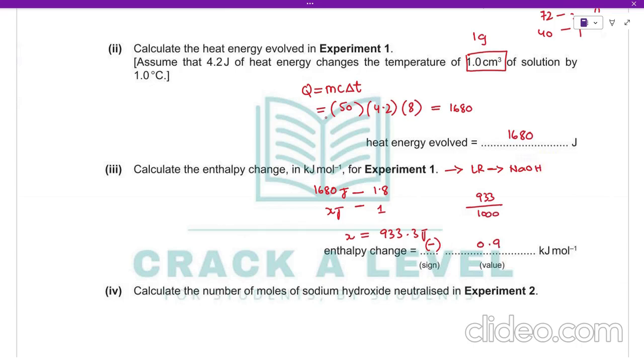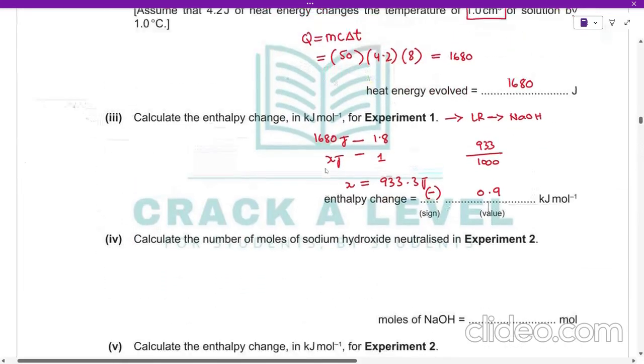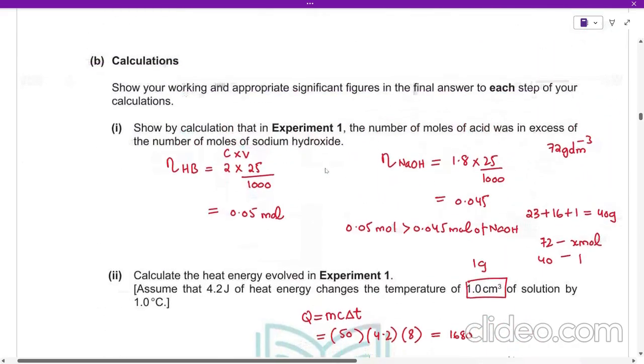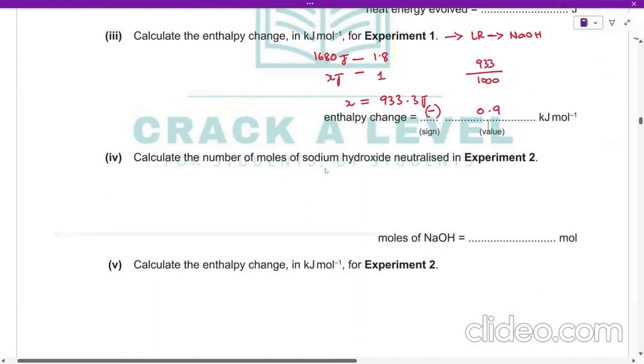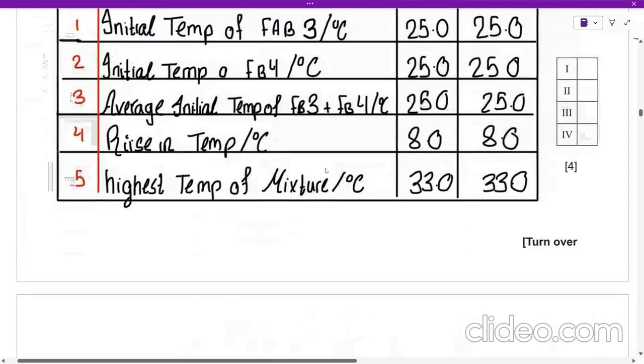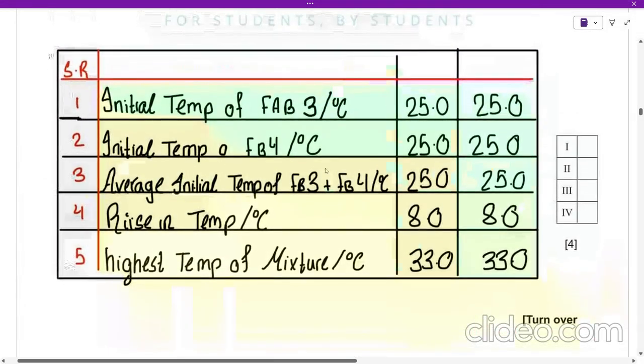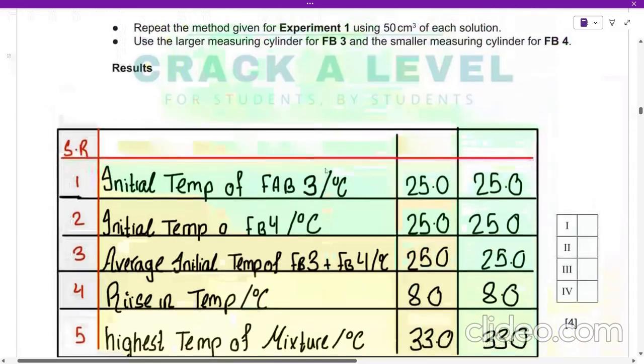Then calculate the number of moles of sodium hydroxide neutralized. Neutralized means reacted in experiment 2. So let's check this. This was actually for question 1, for FB3 and FB4, for experiment 1.